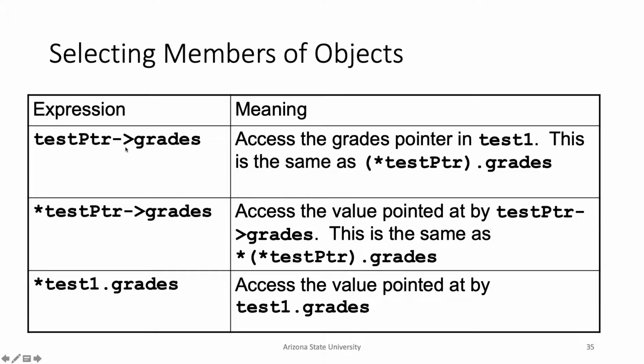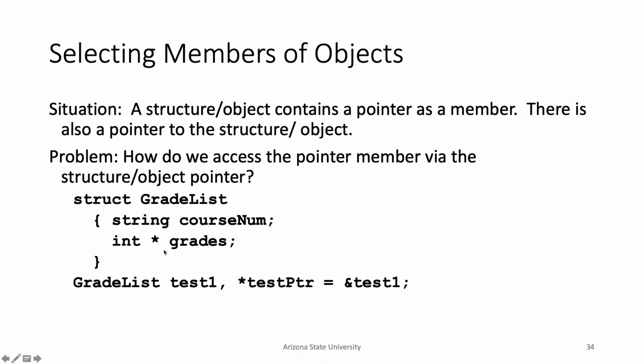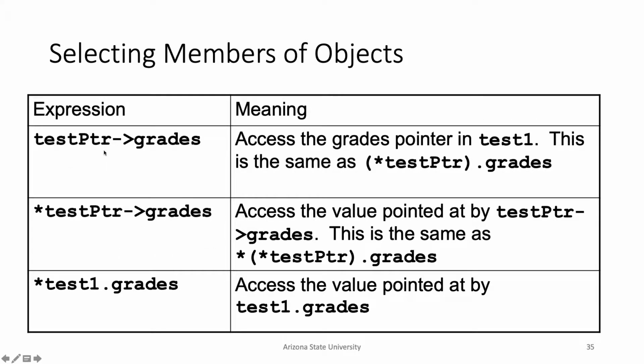If I want to access the pointer itself of the grades variable, which is the integer pointer inside the object, then I can just say the pointer arrow the pointer name, and now I have access to the pointer, not the value, the pointer.